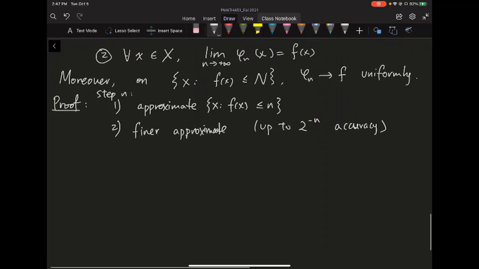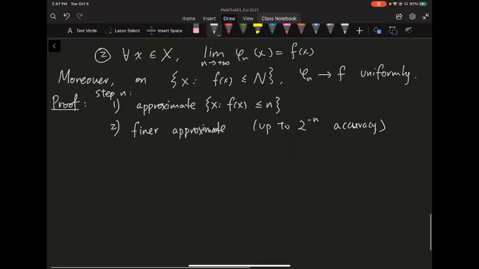So for this, let's fix an n, and I want to define a bunch of sets. Remember the first goal is that we only need to worry about the function between 0 and n. And we need to chop it up into intervals of size 2 to the negative n. That's giving me how many intervals?